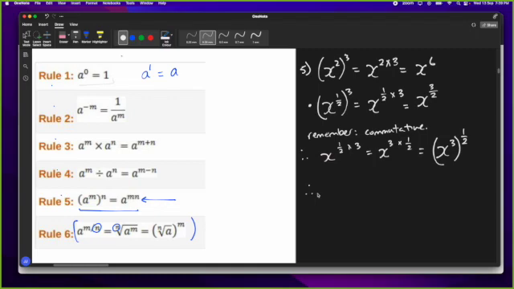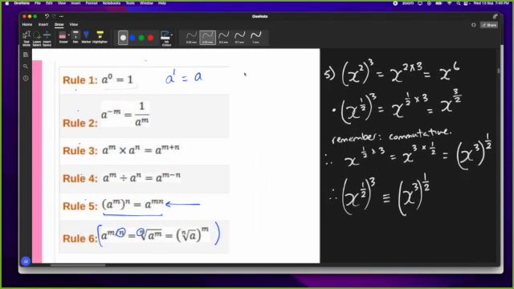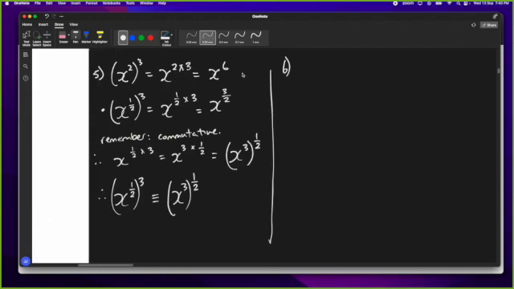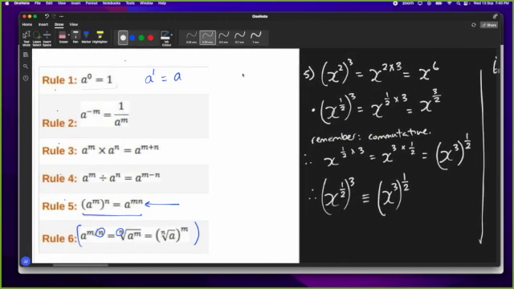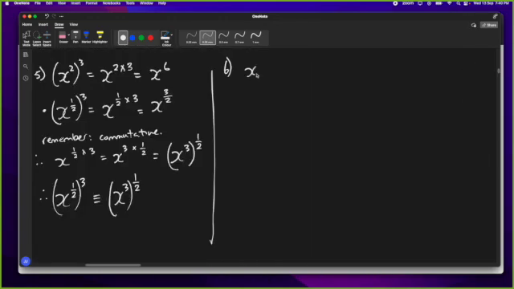And therefore, x to the power of a half with the 3 on the outside is the same thing as x cubed with the half on the outside. Look at that: a to the m over n. If you have x to the power of a half, that is the square root of x.